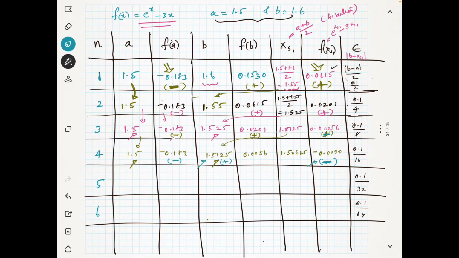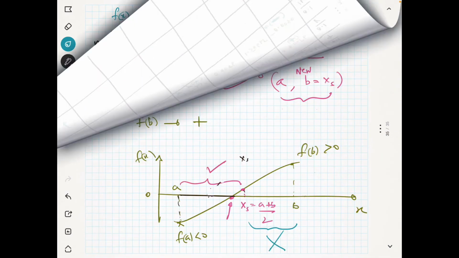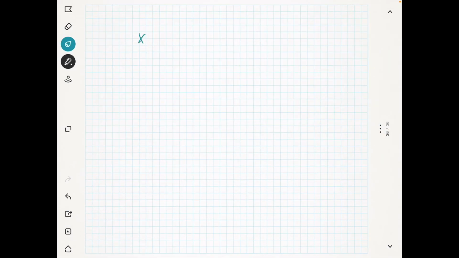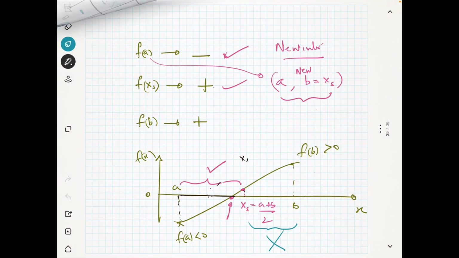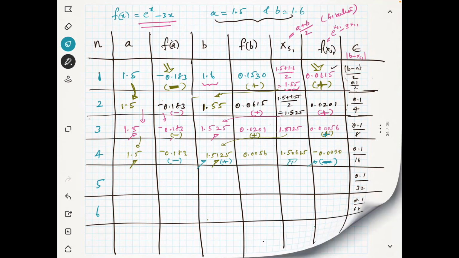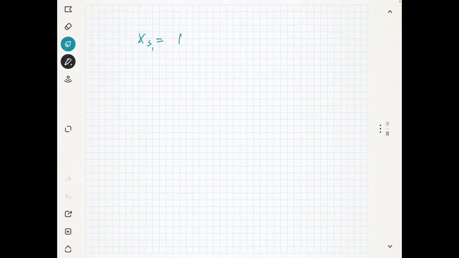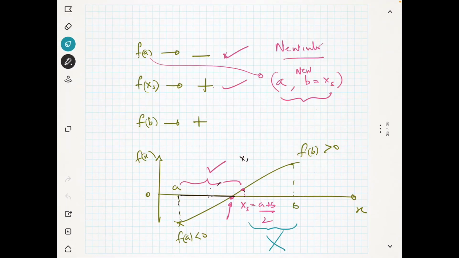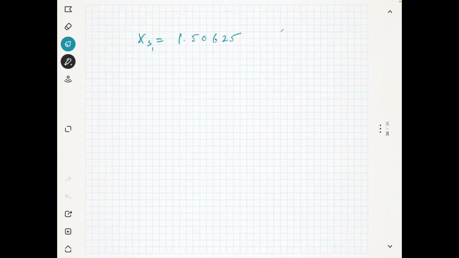So you see here that my xs1 is equal to 1.50625, and f of x's is negative, right? F of x's is less than 0 or negative.